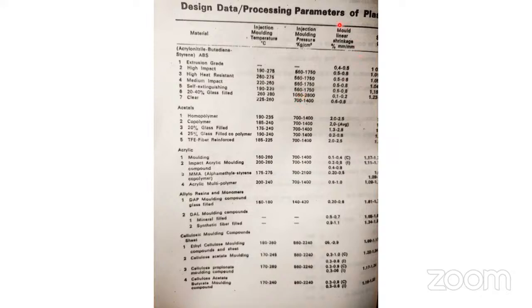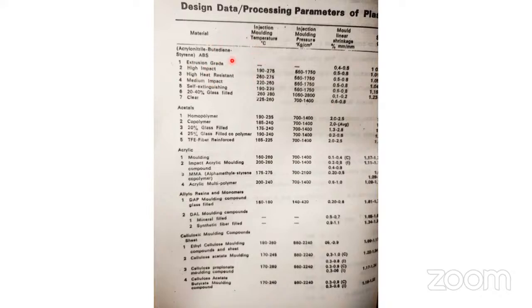Mold linear shrinkage: see the shrinkage for ABS. It is still there. People are also finding some new designs to reduce the shrinkage. You may also fill this ABS with glass.